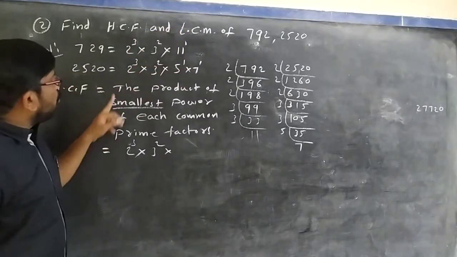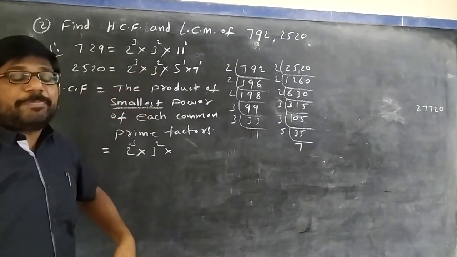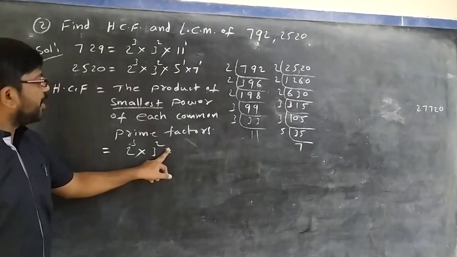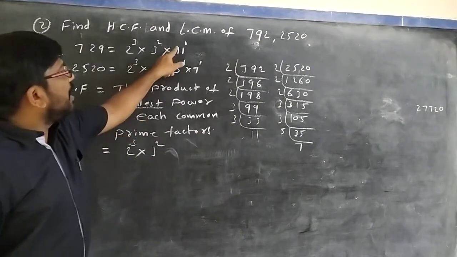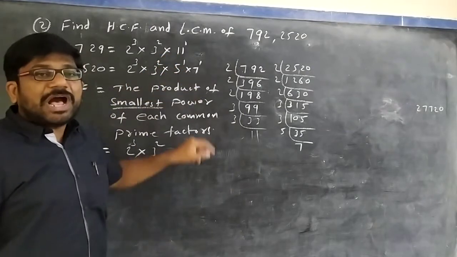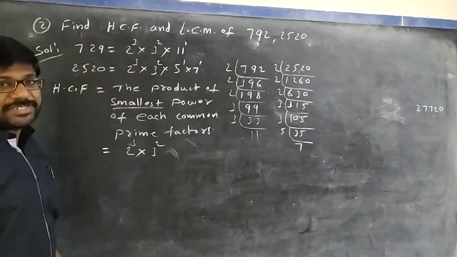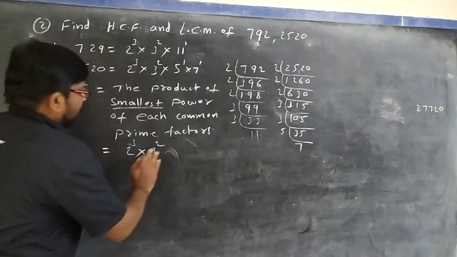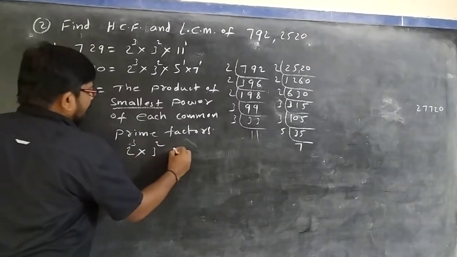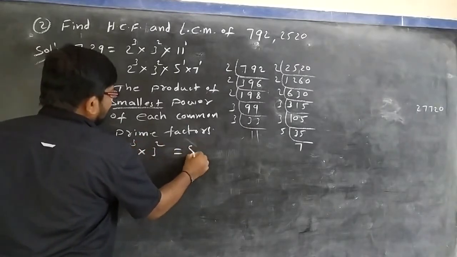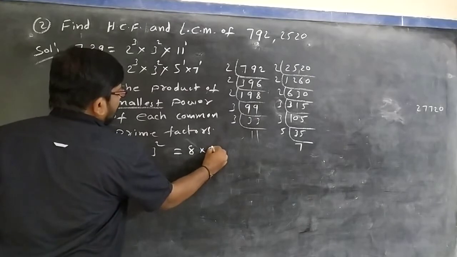Right? So only 2 and 3 are common prime factors. So don't write the remaining. 11, 5, 7 are not common factors. Only 2 and 3 are common, so we should write only 2 and 3. That is equal to 2 cube, 8, into 3 square, 9.